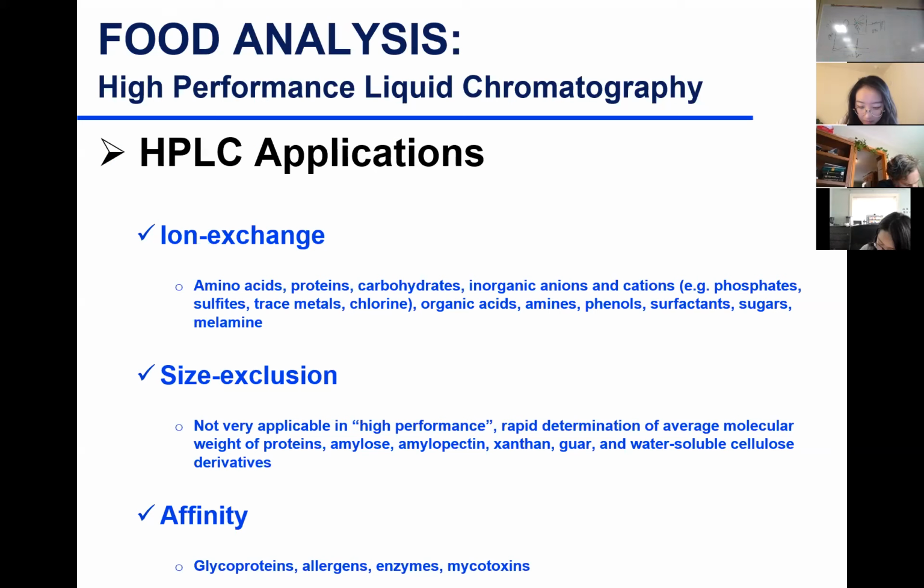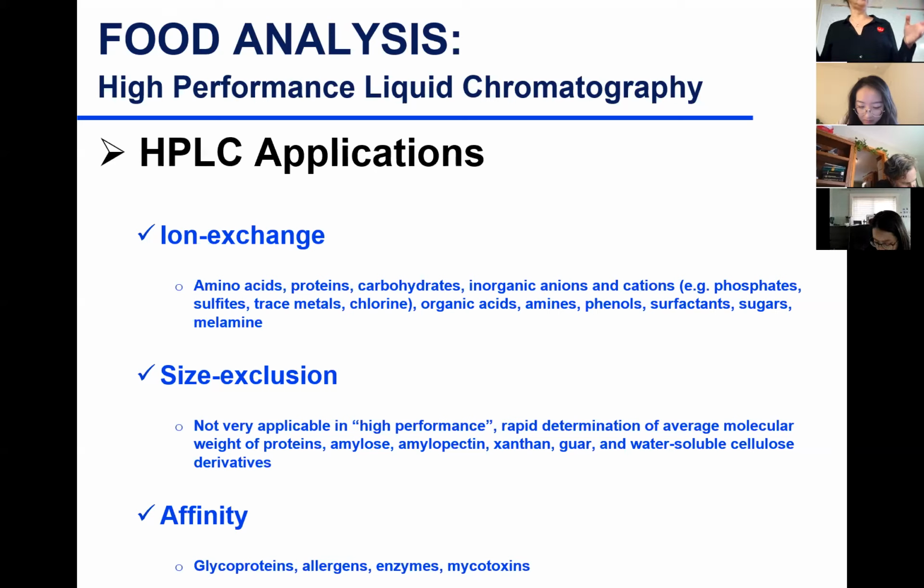Otherwise, we use it as a preparatory separation to separate fractions of proteins based on molecular weight and then collect them, as well as starches, amylose, amylopectin, dietary fiber. So large molecules, large polymers that I want to separate and purify, I use size exclusion chromatography.